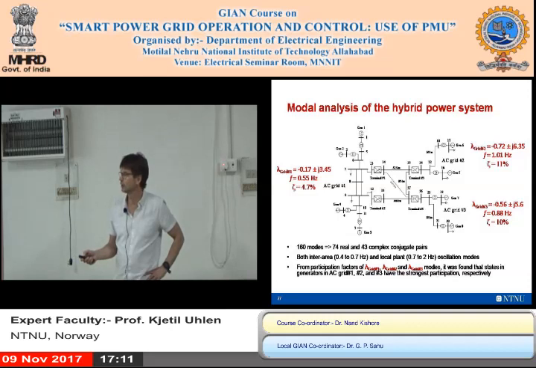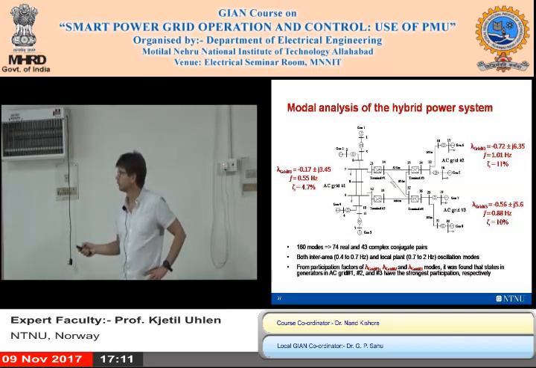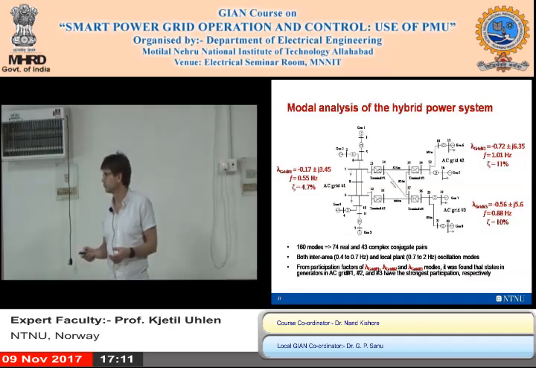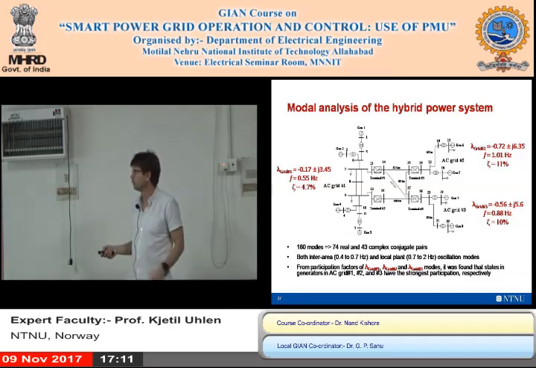There is a mode at around 0.5 Hertz, which is the inter-area mode between here and on this side. There are typically some other modes. This one is at 1 Hertz, this one is at 0.9 Hertz, and they're reasonably damped. These are the most critical ones.